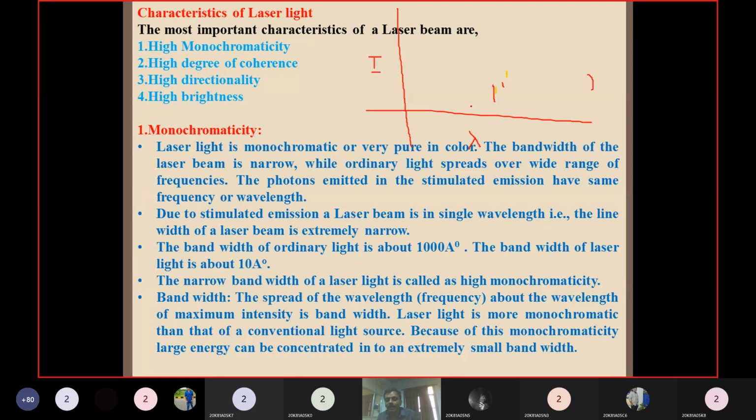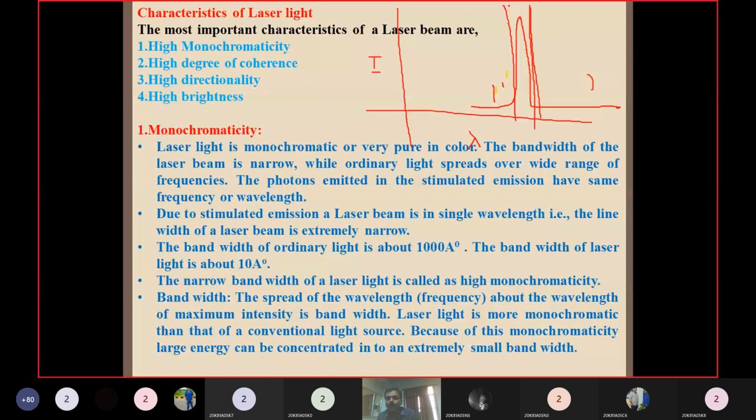If you take laser light, the intensity peak is very sharp. Now what is the bandwidth here? It is in between, like this.